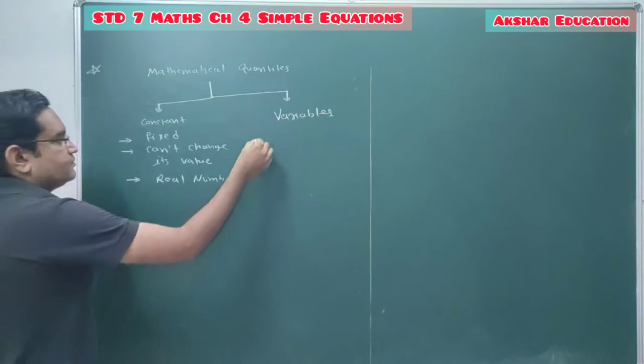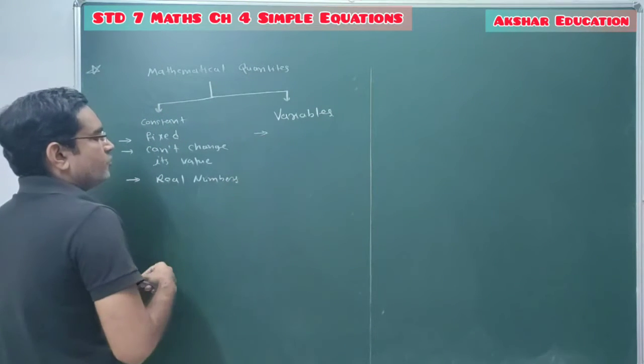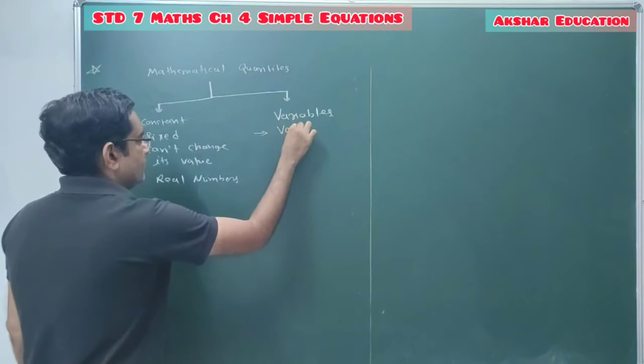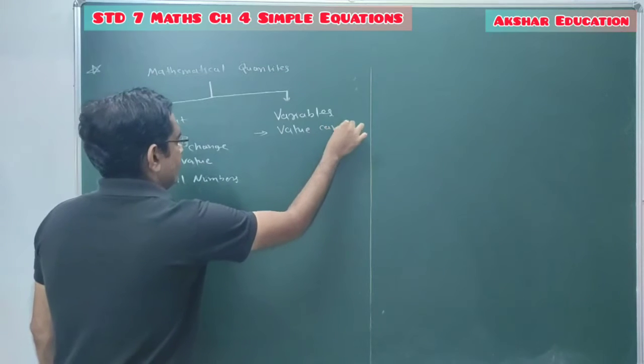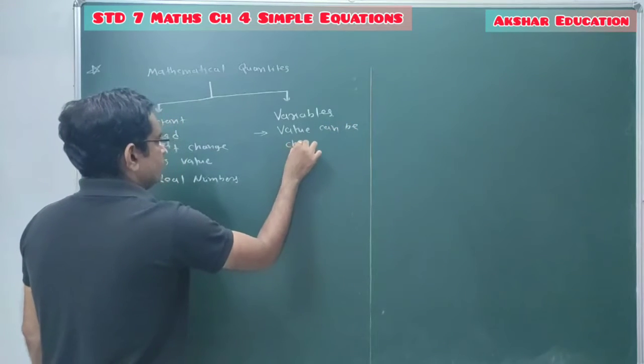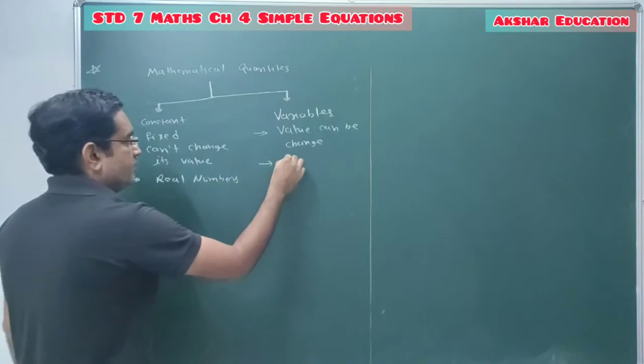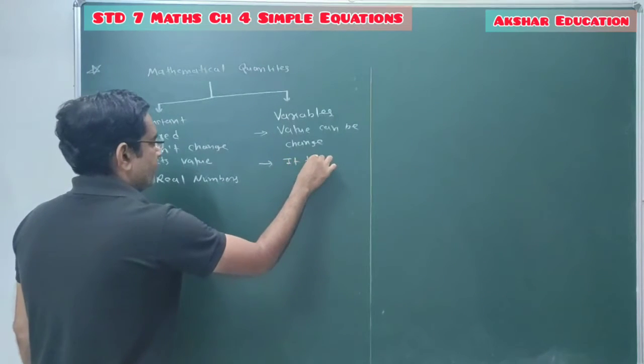So what is a variable? Variables are quantities whose value can be changed. That means our variable may take different values.